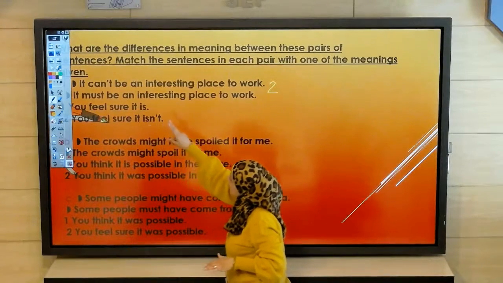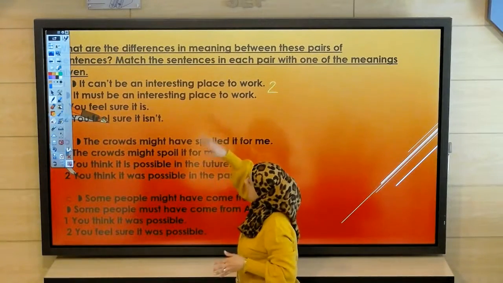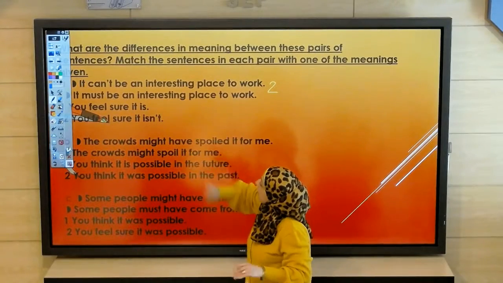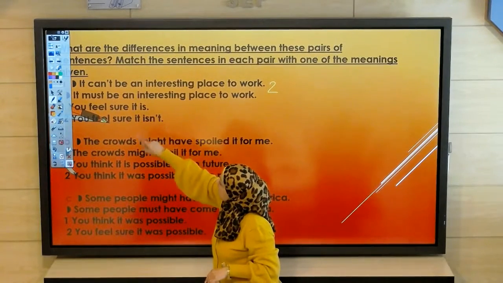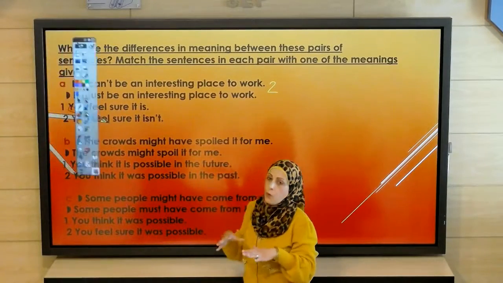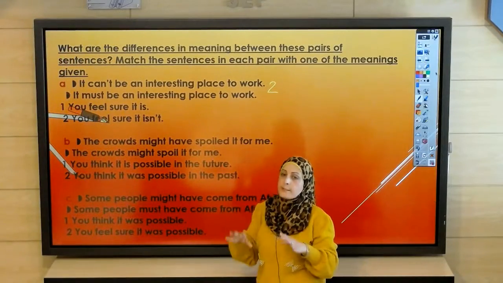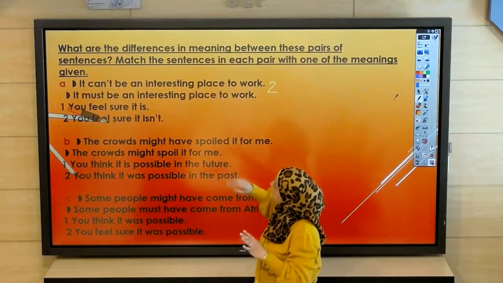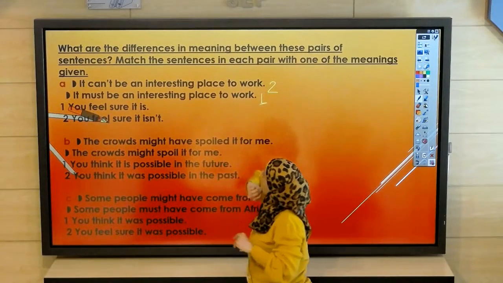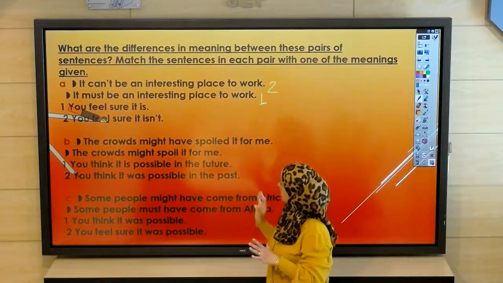So it can't be an interesting place. I'm sure it is not an interesting place to work. Notice the second one. It must be an interesting place. It must be, so I'm sure that it is interesting. Okay? So here, number 1, you feel sure it is.